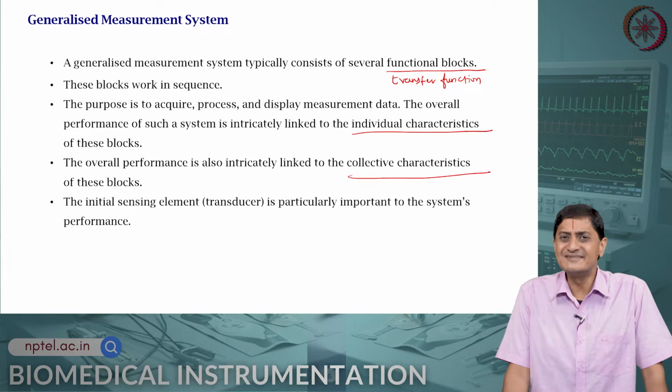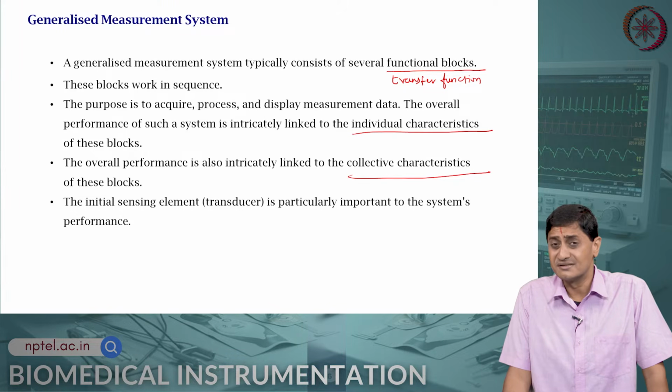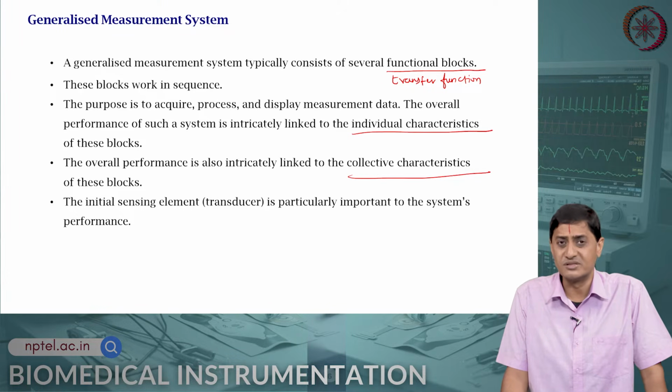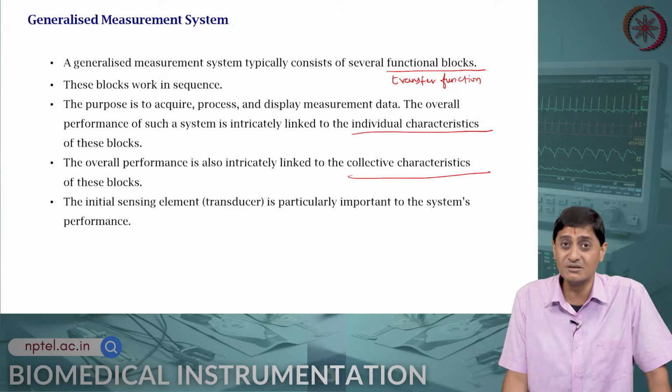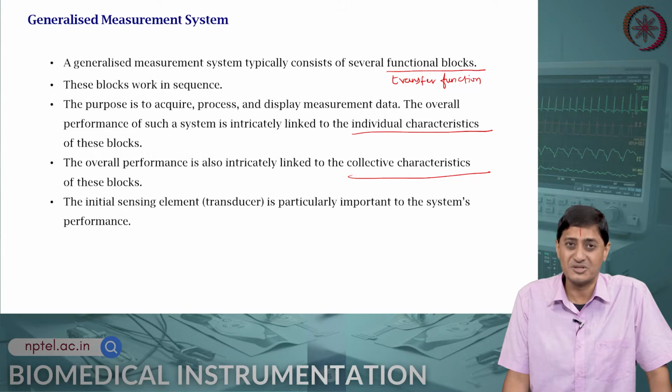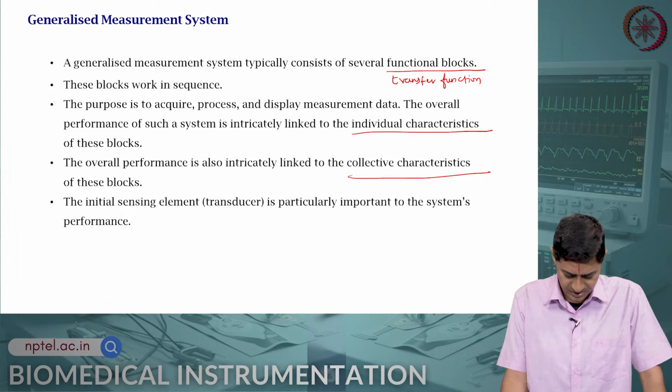The initial sensing element may be a transducer or it may be a sensor. What is the difference? We have seen many times what it is. The initial sensing element or transducer is perhaps the most critical to the performance of the system, because if it is noisy, then there is no way for you to remove that noise. So, the initial one must have minimal noise. By definition, it should have minimal noise.